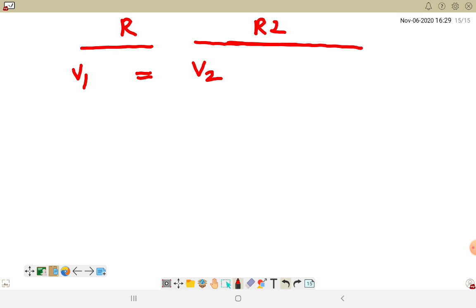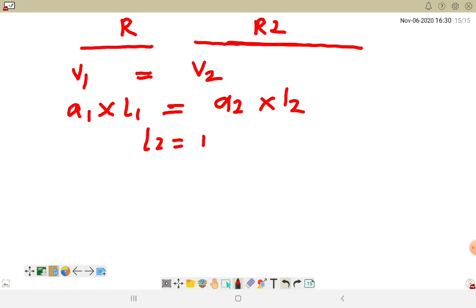Here, V1 is A1 into L1, and V2 is A2 into L2. The length is stretched n times the original length, so L2 equal to n into L1.